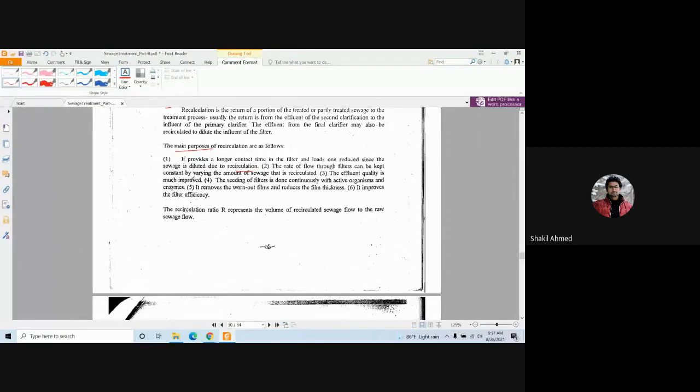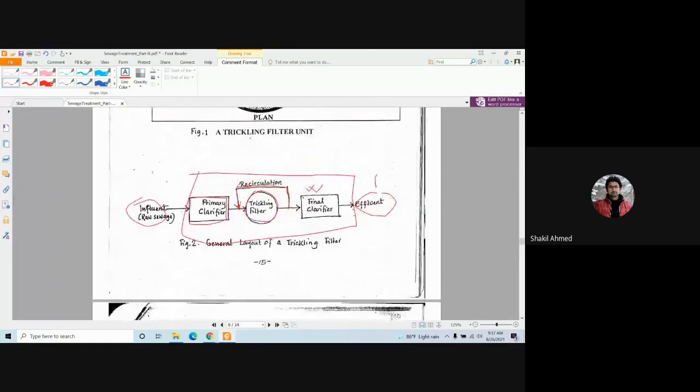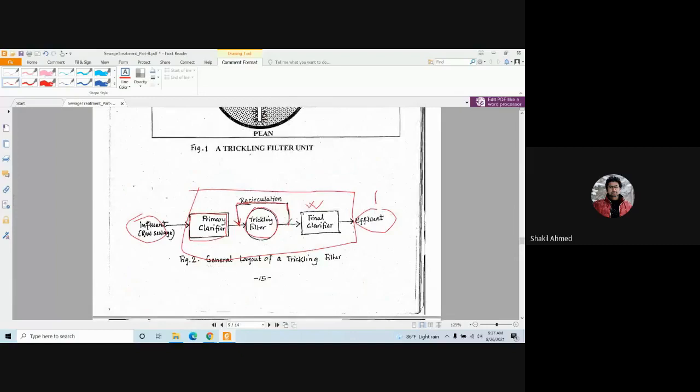So what happens is that this sewage is treated already by the trickling filter to some extent, right? Now you are again putting this here.